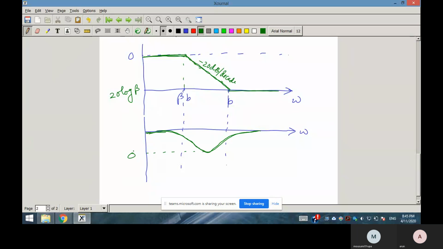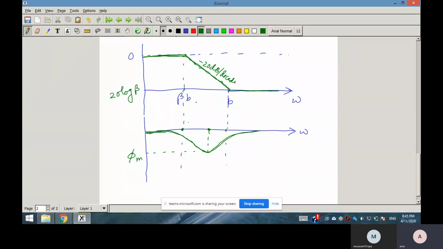Okay. So this is your phi m, that is the maximum phase lag it will provide. And this is beta b, and this is b. The frequency at which it will give maximum phase lag will be again the geometric mean. So here all the things are similar or same as the lead controller.